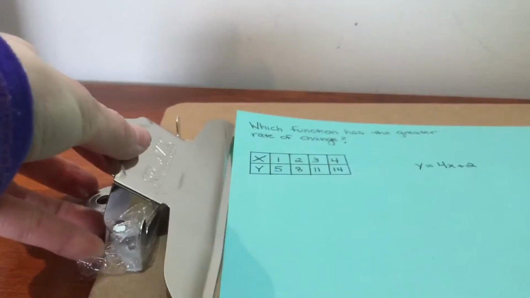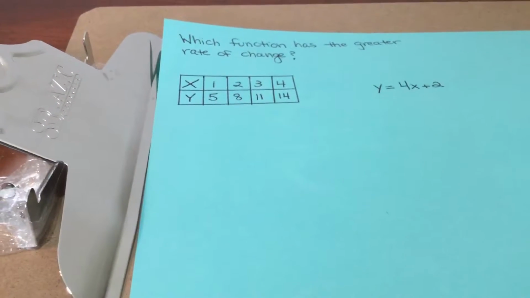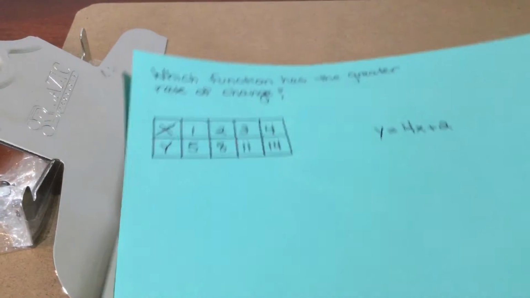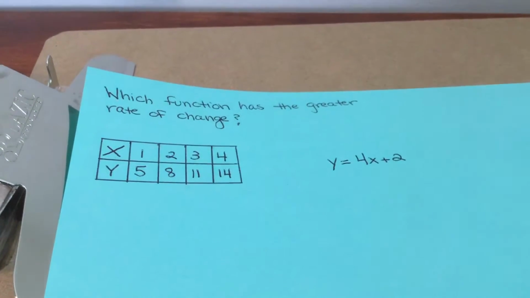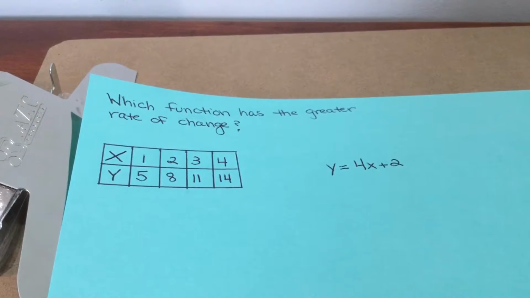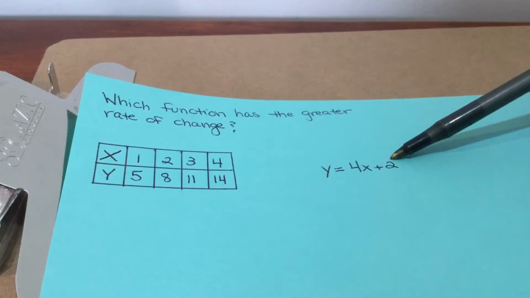Okay, my first example shows the following. It says which function has a greater rate of change. Now, we know the rate of change, you should know this, that's right, it is the slope. So when we're looking at these, there is one I can easily figure out the slope to, and that's this one right here.